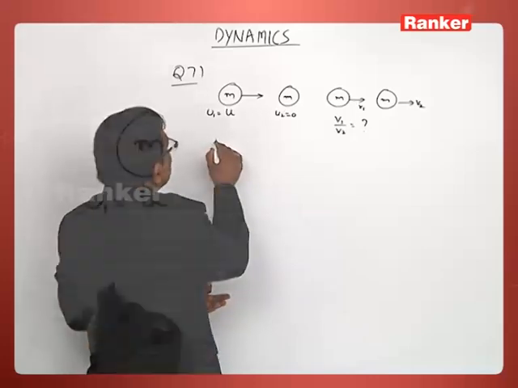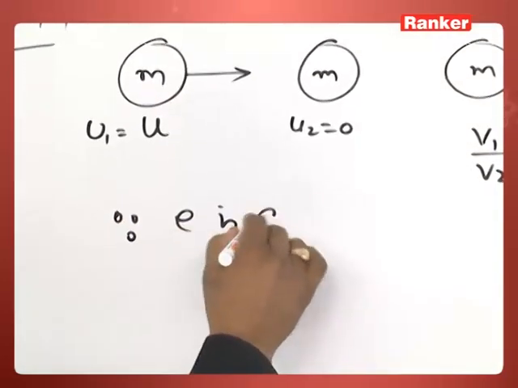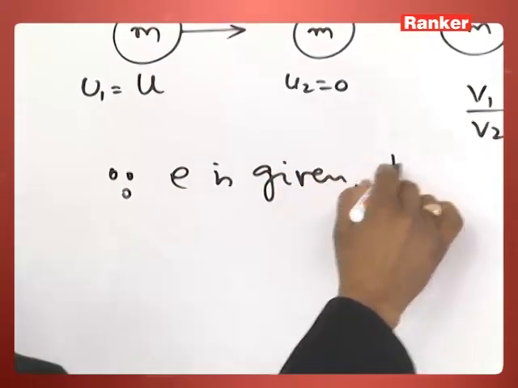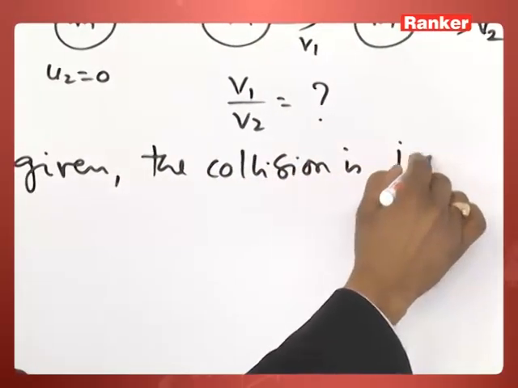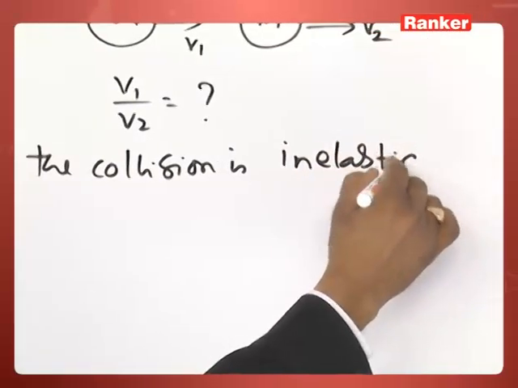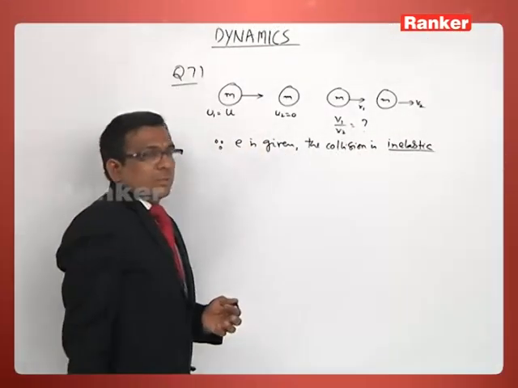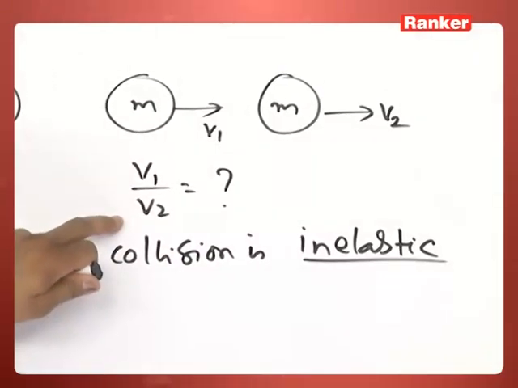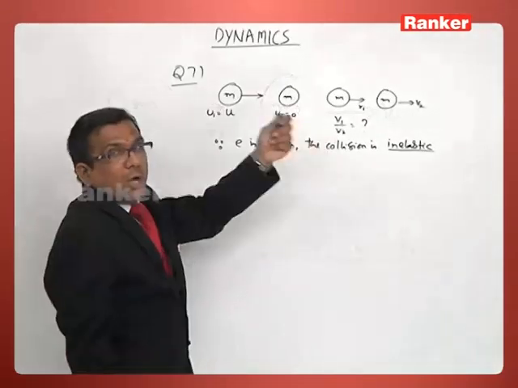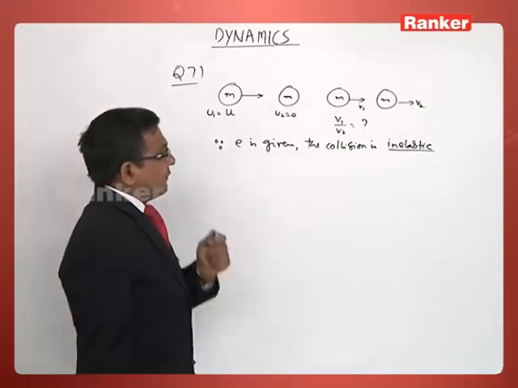So since E is given, you have to decide this first: the collision is inelastic. It is an inelastic collision, and moreover you have to solve it with at least 2 equations. How to get those 2 equations? Let us see the first one.